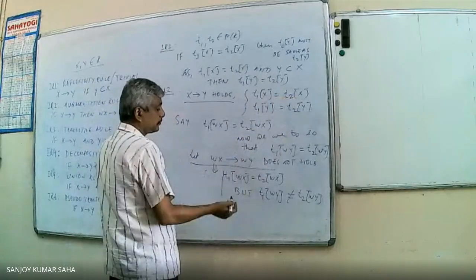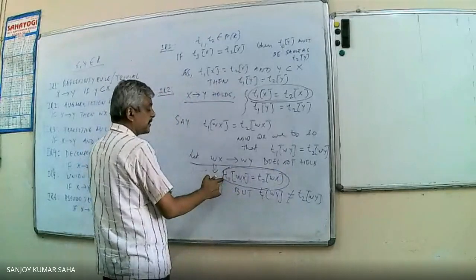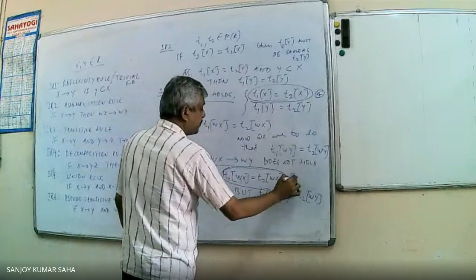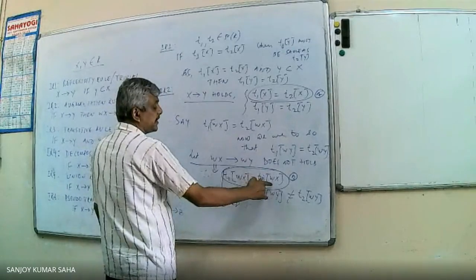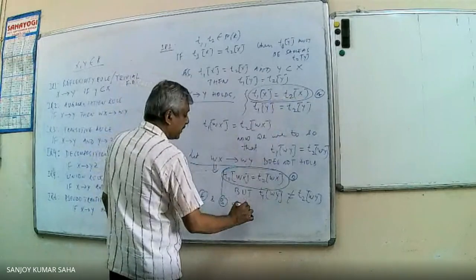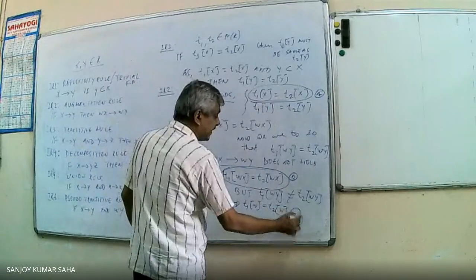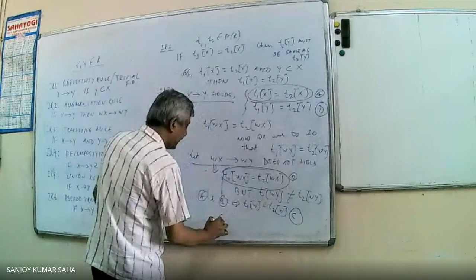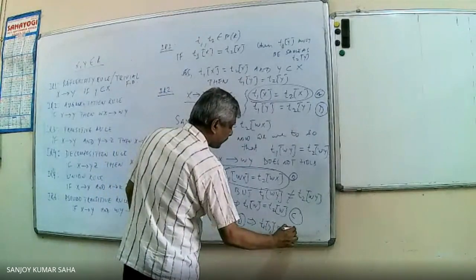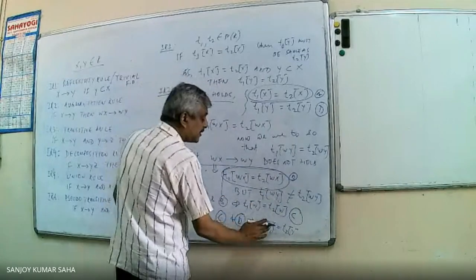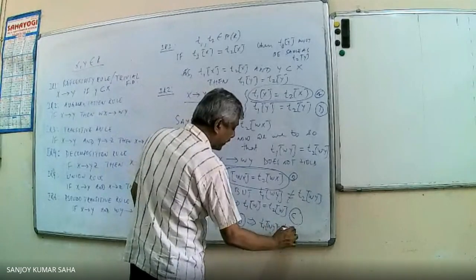Now from here, say T1 X equals T2 X, T1 WX equals T2 WX. If I say this is A, this is B, consulting A and B, you can say T1 WX, T2 WX are the same, W is part of WX, they are the same, then obviously T1 W equals T2 W. Now if this is C, say this is D, then C and D give us T1 Y equals T2 Y. Consulting these things, we can find that T1 WY equals T2 WY.